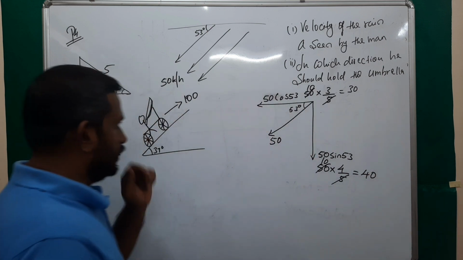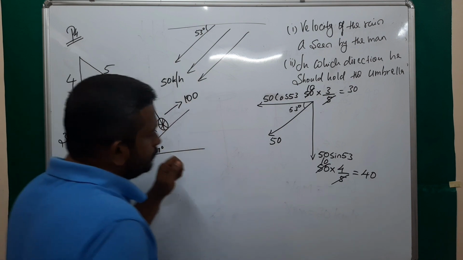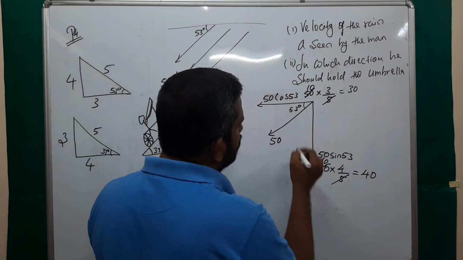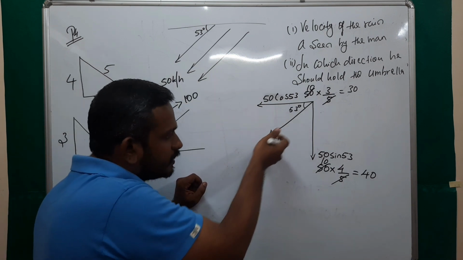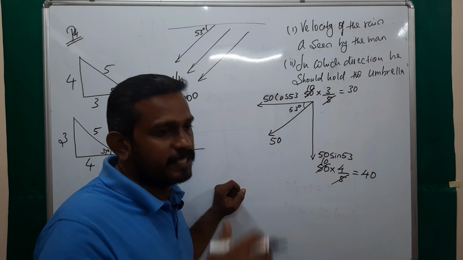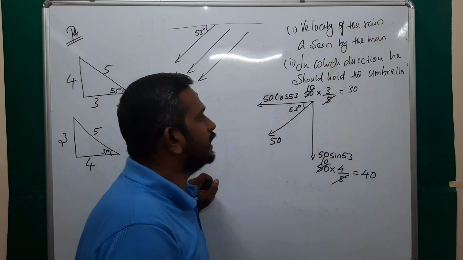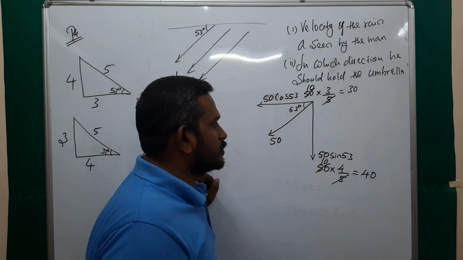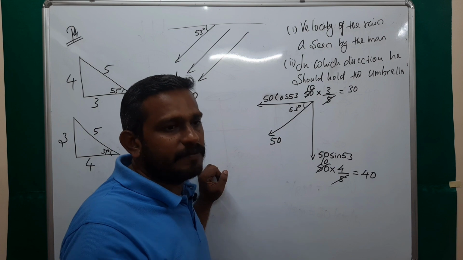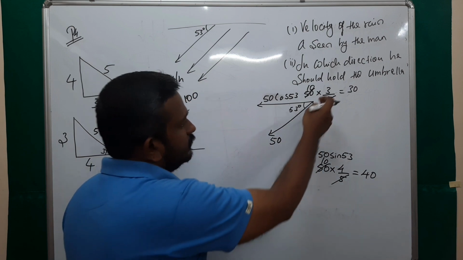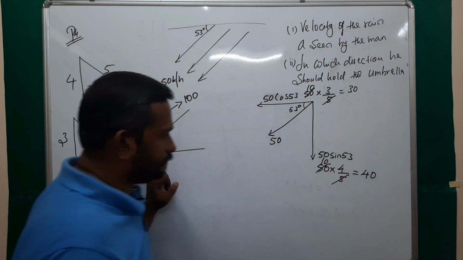So the velocity of the rain with respect to the ground is 50 km per hour, but it is falling at a certain angle, that is 53 degrees. So the velocity of the rain with respect to the ground can be divided into two components, one along this direction and one along this direction.